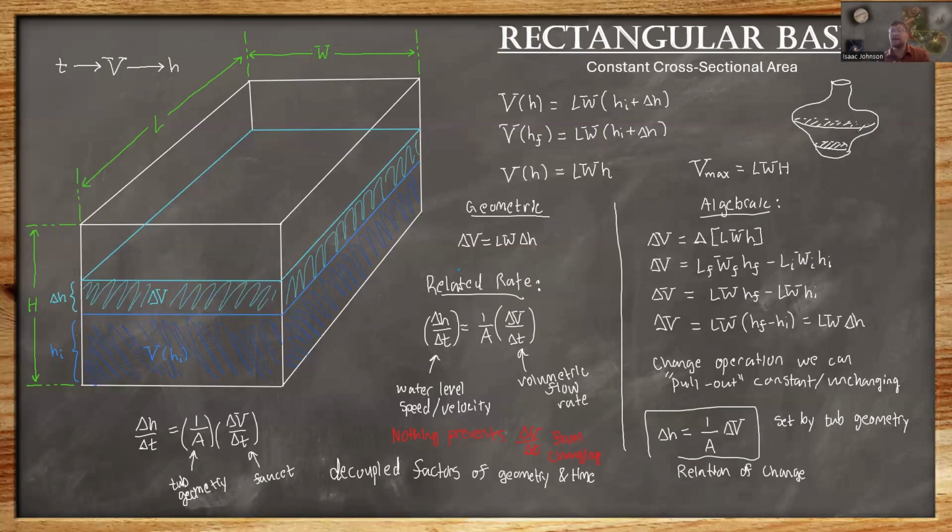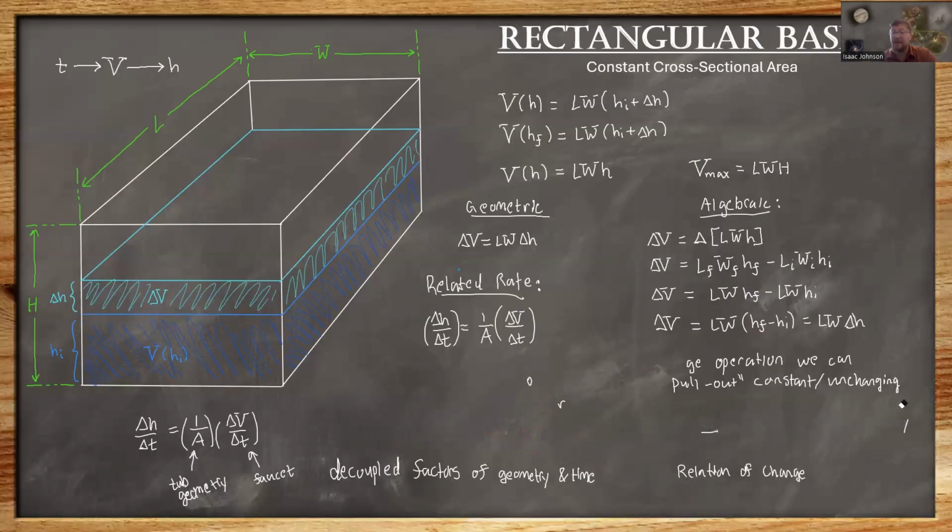So even having an irregularly shaped tub eliminates this beautiful separation of geometry and time. That's what we're going to focus on quite a bit for the rest of our time. But first I would like to talk about a few more relationships.